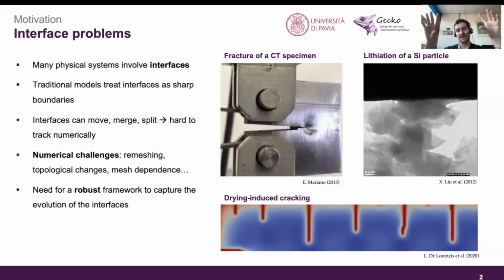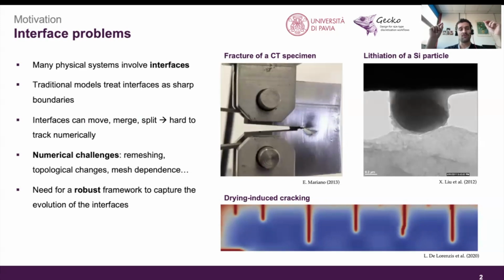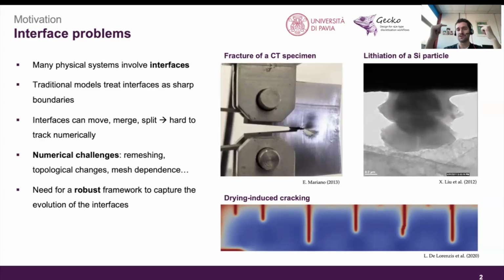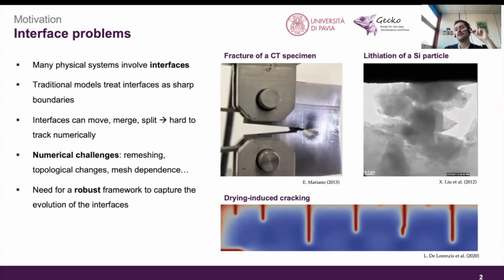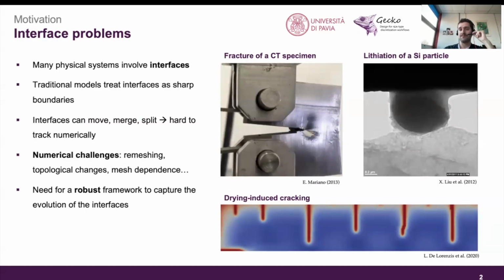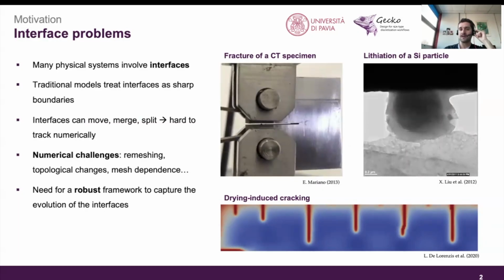One of the objectives of my work is to provide a robust framework to capture the evolution of these interfaces in various engineering applications.